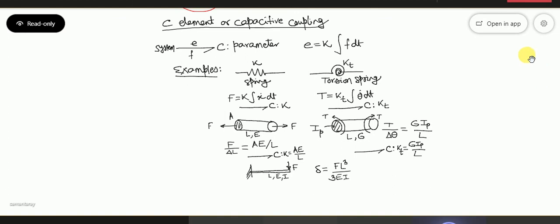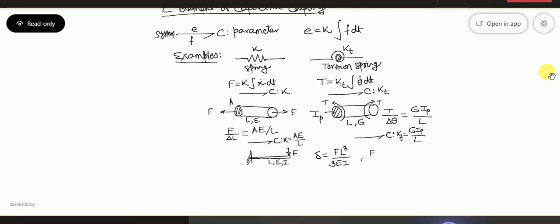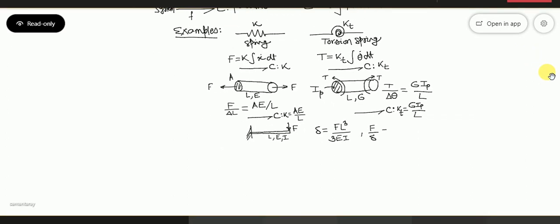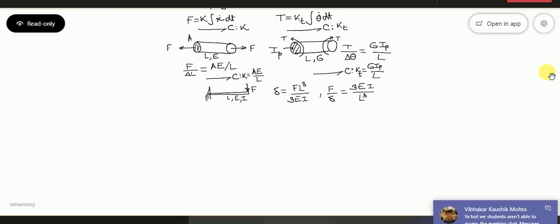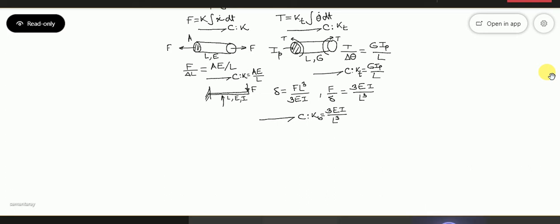So we can write F by delta as 3EI by L cube. So this is basically a bending stiffness or linear stiffness. We write here K bending equal to 3EI by L cube. So this here is assumed no mass, massless.